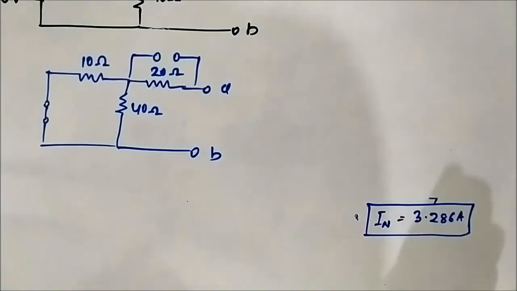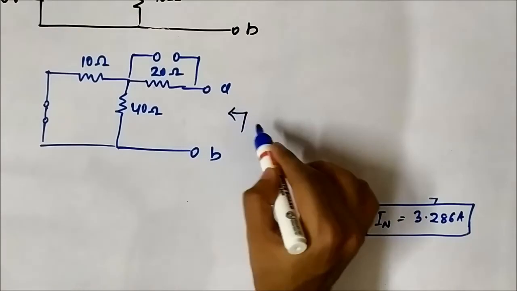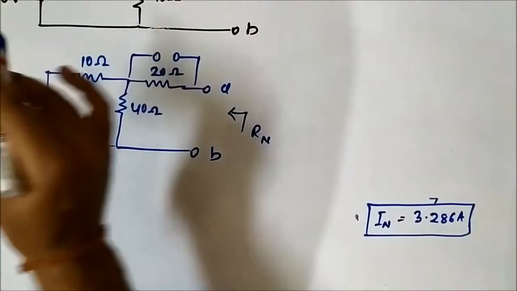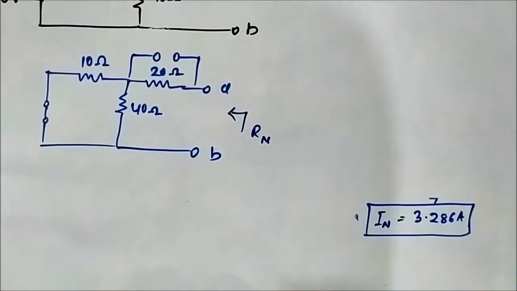Now here 10 and 40 are in parallel connection with respect to each other, and the resultant is in series with 20 ohm considering these 2 points.